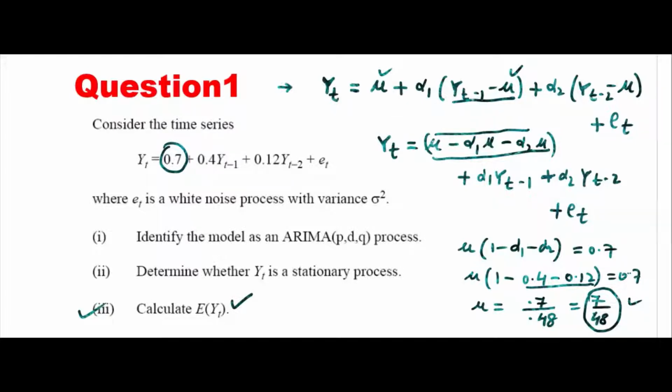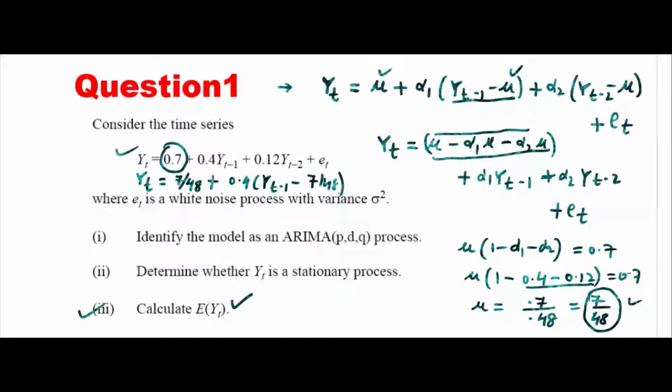Now if you want to write yt, this is the normal way you are supposed to write: 7 divided by 48 plus 0.4 yt minus 1 minus 7 divided by 48.